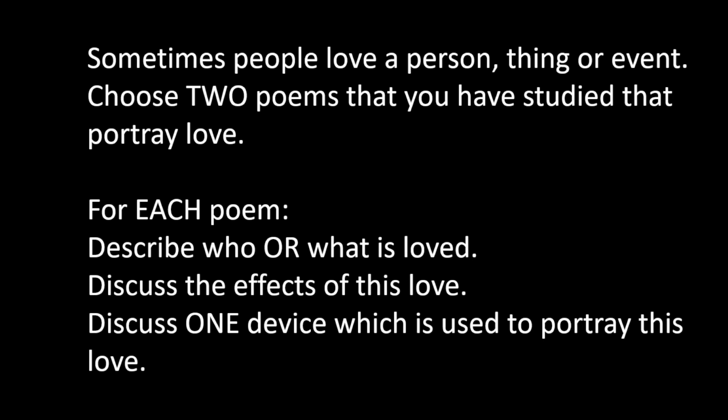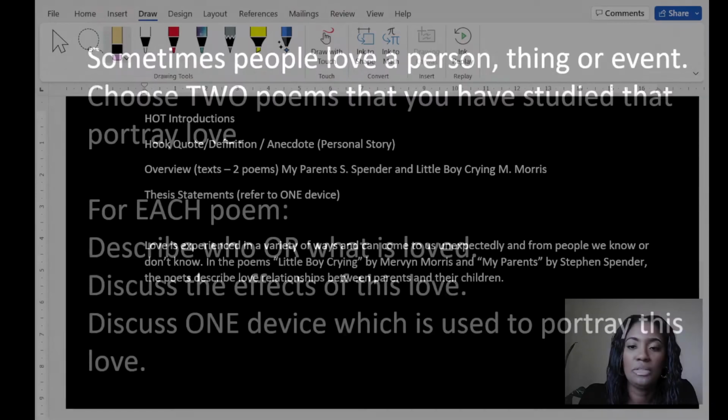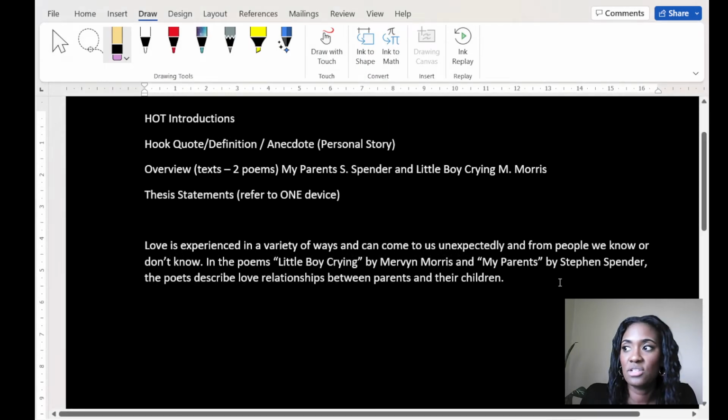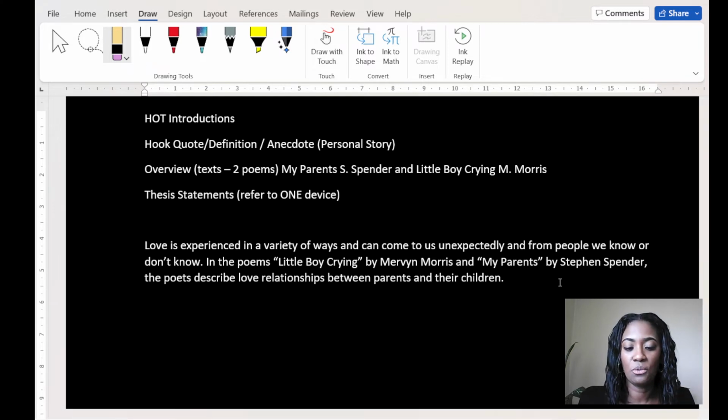Okay, so I'm going to just give the reader just one little sentence which suggests to them that I know that the effect of the love is something that is prominent or poignant in these two poems. So this is how I would approach it.